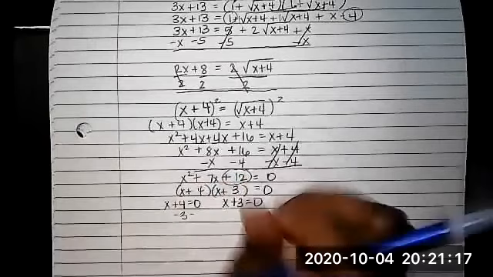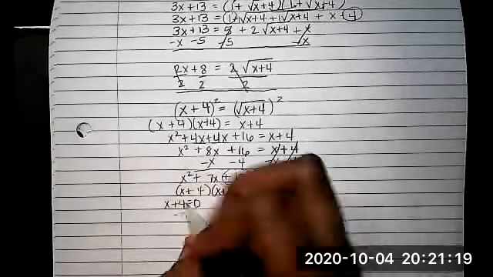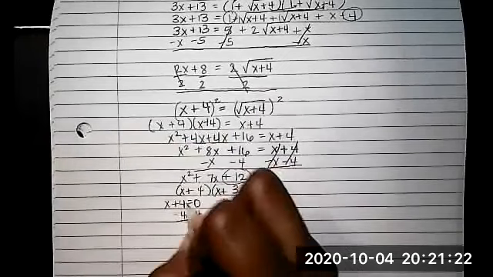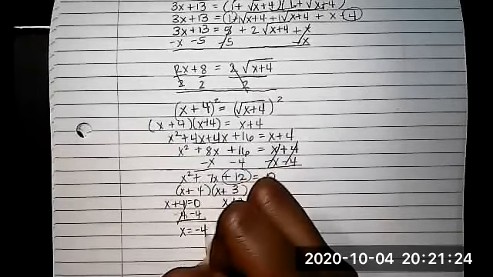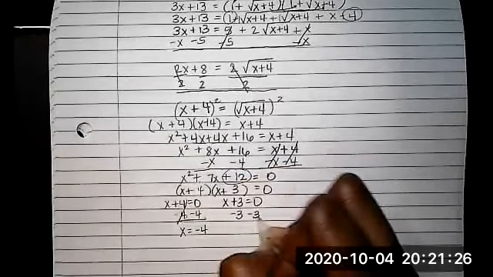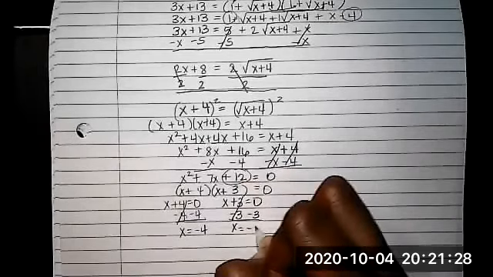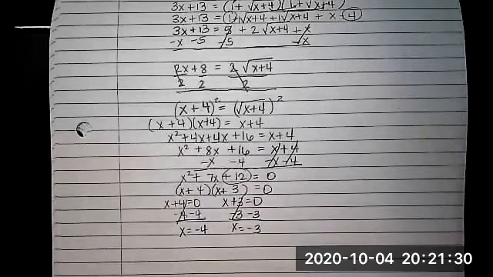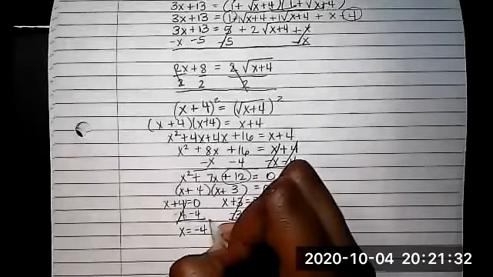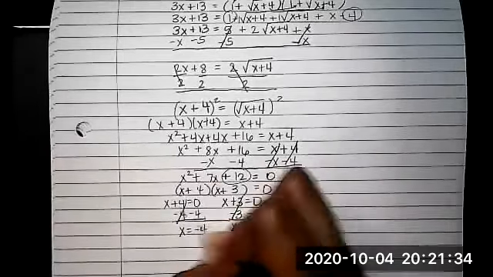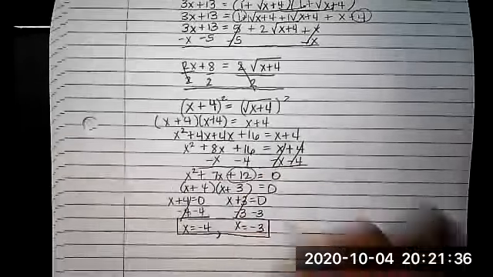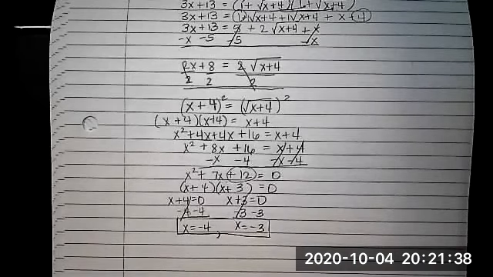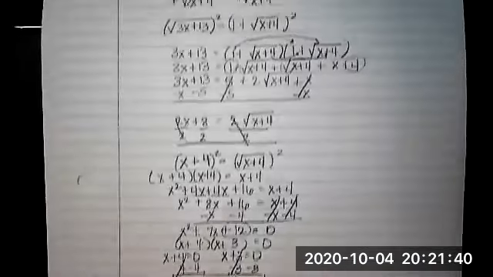Subtract 4 from both sides here. x is equal to negative 4. Subtract 3 from both sides here. x is equal to negative 3. Finally we made it. Okay, these are our two answers. x is going to be equal to negative 4 and x is equal to negative 3 after all of that.